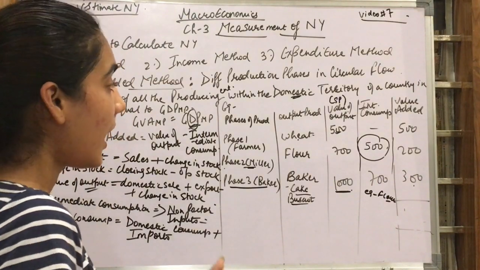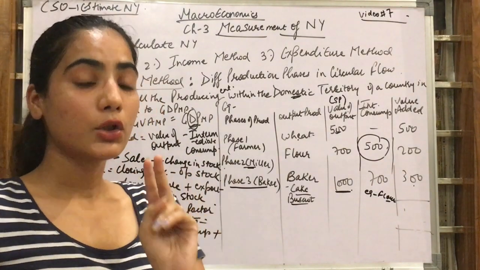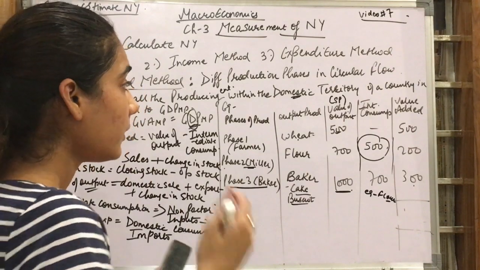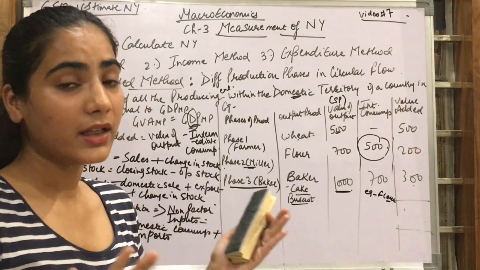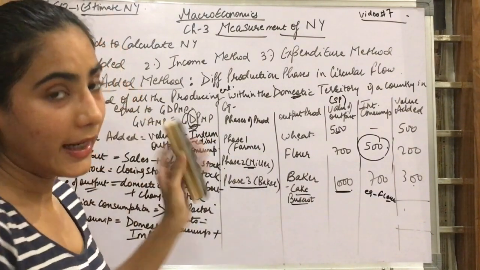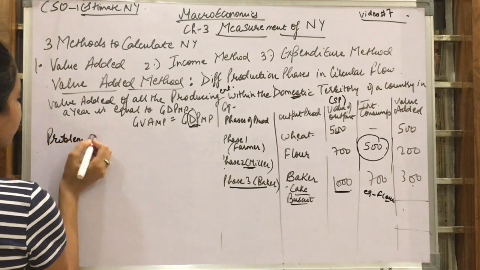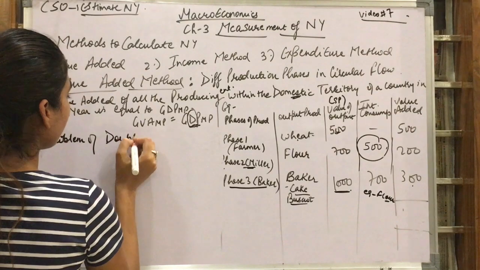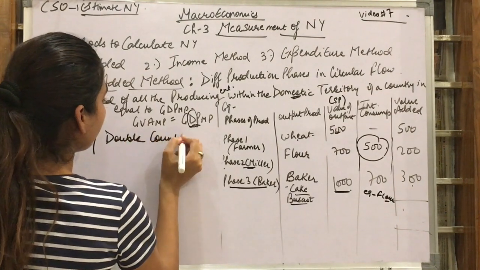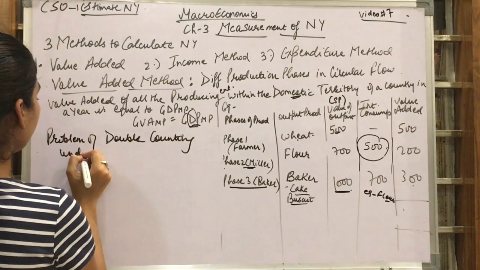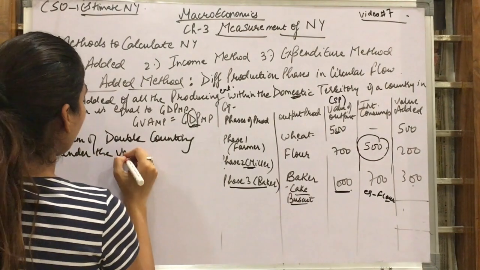So I will be explaining two different methods as to how we can calculate value added. There is a problem of double counting under the value added method.